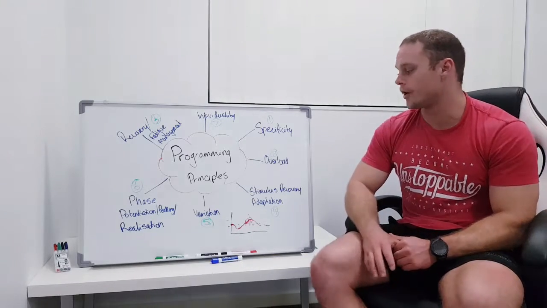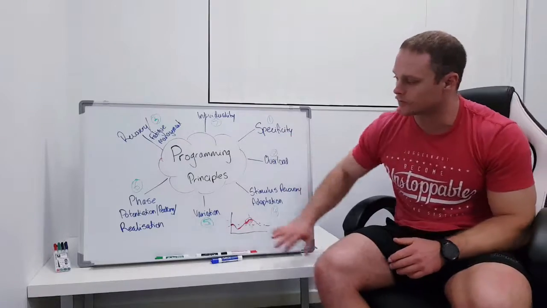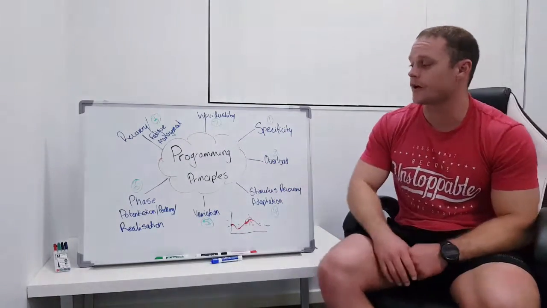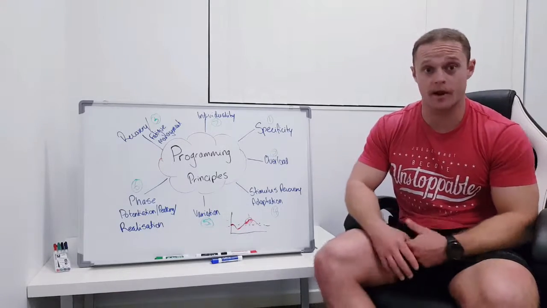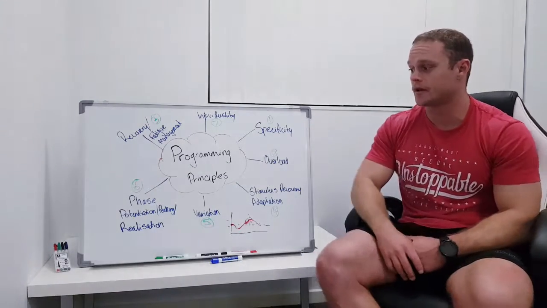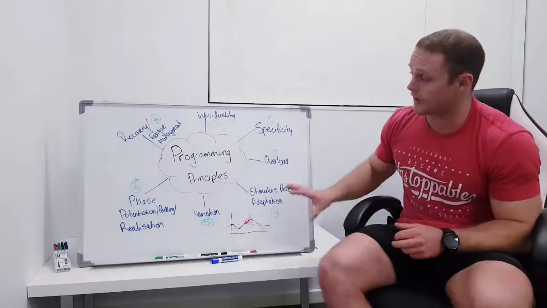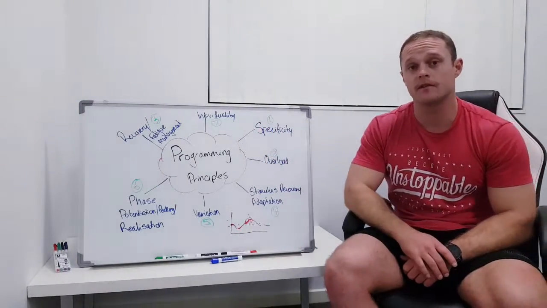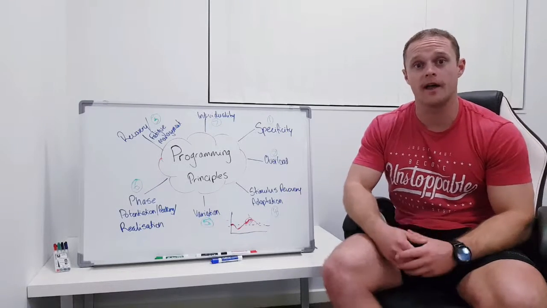Okay? So this is a brief overview of what the programming principles are, how I go through programming, and what I take into consideration when I'm programming for people. So if you get a program from me, you can pretty much guarantee that I've gone through these 7 points and that program has been developed based on you.